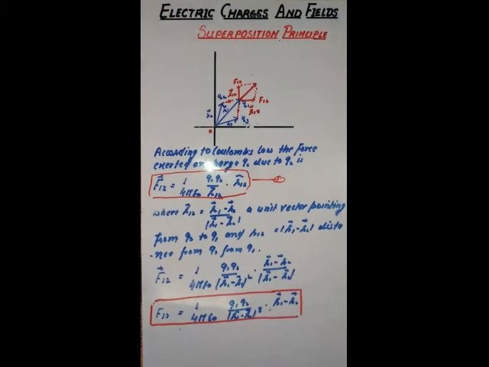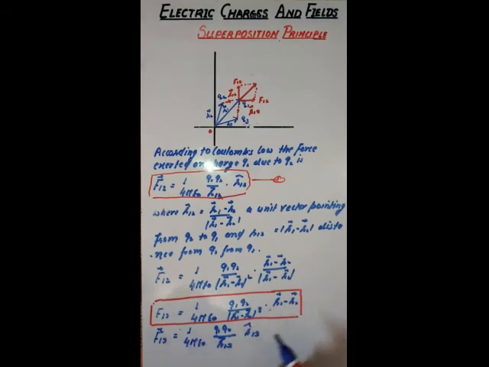Other equations are similar to the first and second. If you want to solve F13, it is similar: 1 upon 4 pi epsilon naught Q1 Q3 upon R13 square, times the unit vector R13 cap.